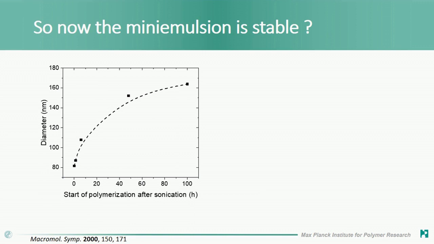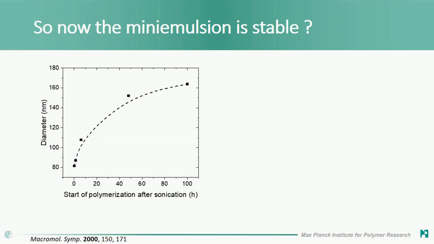So now, do we have a stable emulsion with our surfactant and our osmotic pressure agent? The answer is, well, not really. If we wait for different times to start the polymerization of our stabilized droplets, we could see a change in the size of the particles that we get.